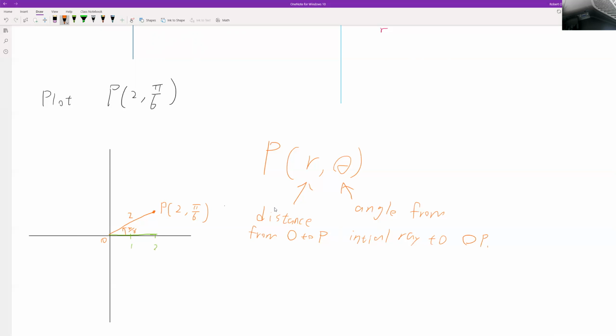The green line will be our initial ray, and the orange line will be OP, which is the segment, the ray from O to P.